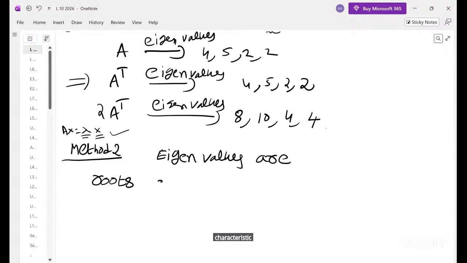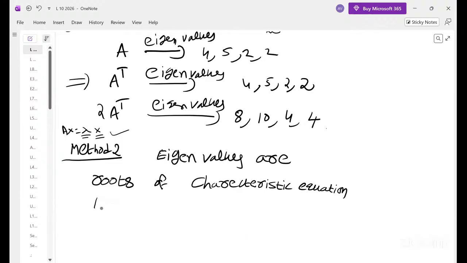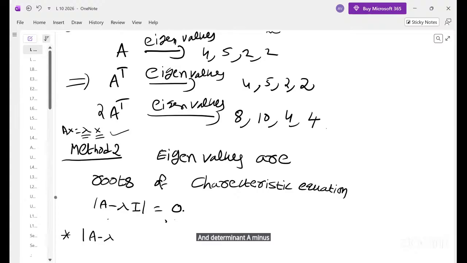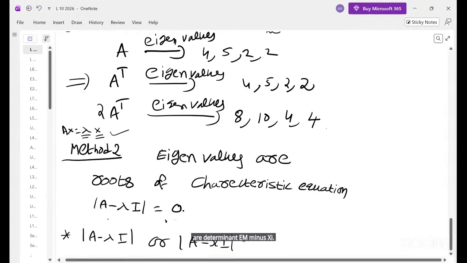It is also called the secular equation, characteristic equation. Determinant A minus lambda I is equal to 0. This equation is called the characteristic equation. Roots of this equation are called eigenvalues. And determinant A minus lambda I is also called the characteristic polynomial.